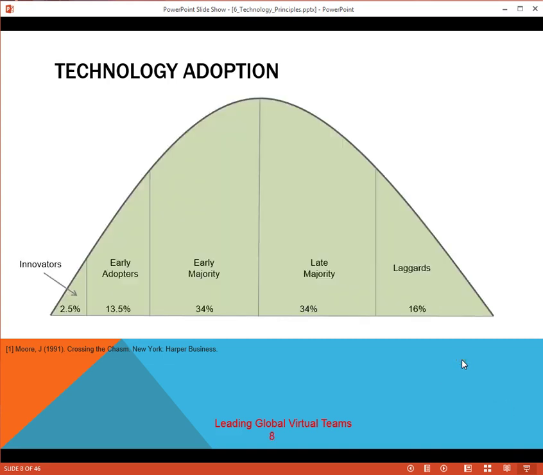Well, here is the diffusion curve. And you can see we've got the innovators, 2.5%, early adopters, 13.5%, early majority, late majority, and laggards. And of course, the horizontal axis is time, and the vertical axis is the number of acceptors.